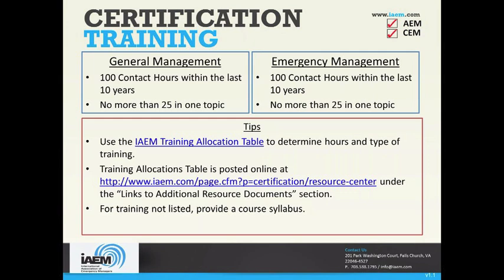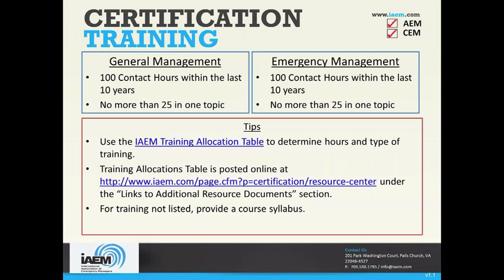You've got to validate it either through a certificate or through a syllabus, and that needs to be independent. If you attended a course that you didn't get a certificate for, having someone validate that you were there, whether it's a supervisor or an instructor, but it needs to be something that is independent, third party, and it should be preferably on letterhead and signed.